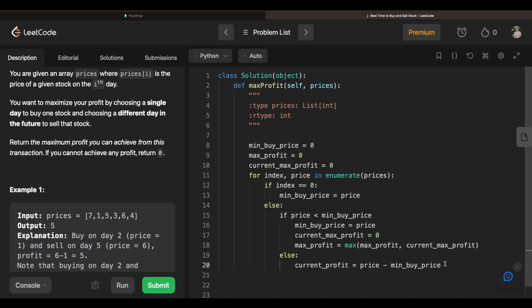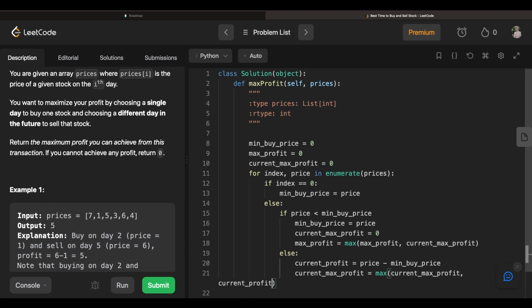Like that. And what we have to do is say current max profit equals the max of whatever it currently is and the current profit that we just calculated.